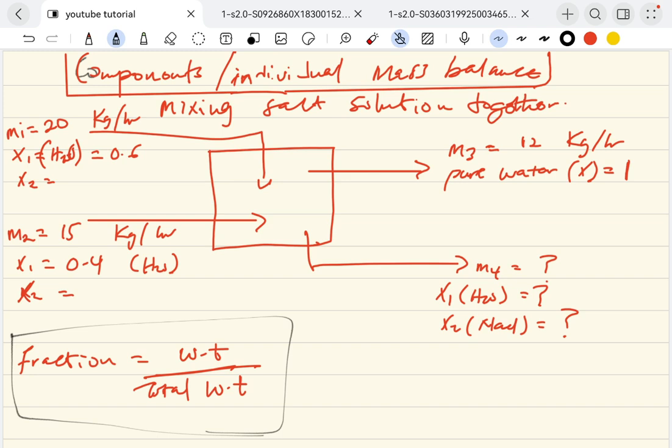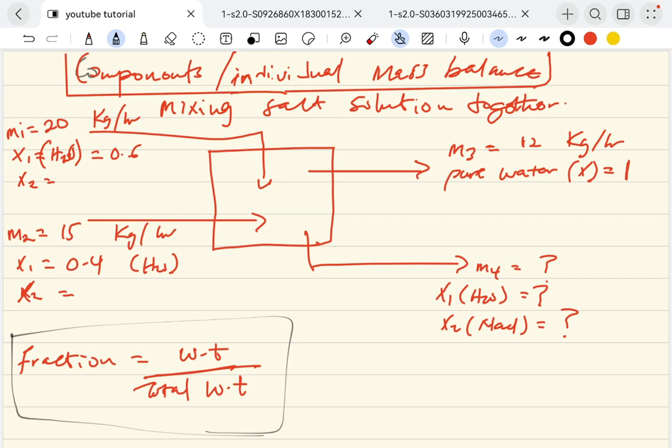So if you know the fraction, you cross multiply to get the weight. At stream 2, we also have a total incoming flow rate of 15, and that 15 consists of salt and water. If you know the fraction of water, we can get the other one simply, because if you have two things, they add up to either 100 percent or 1.